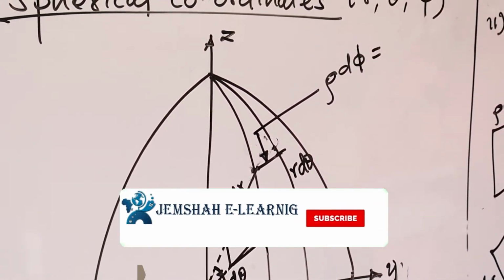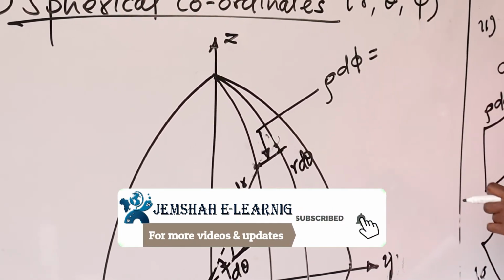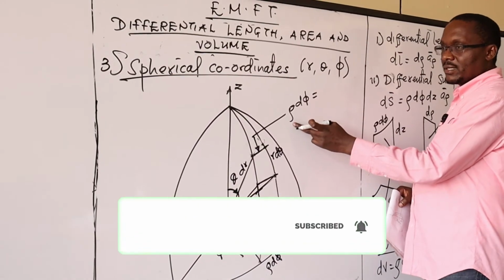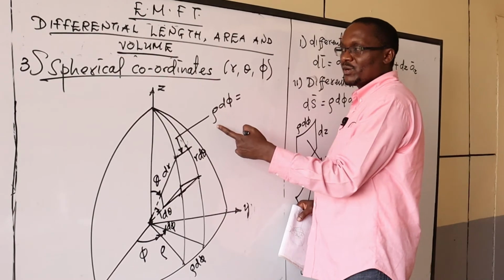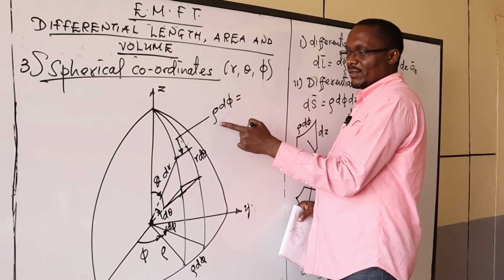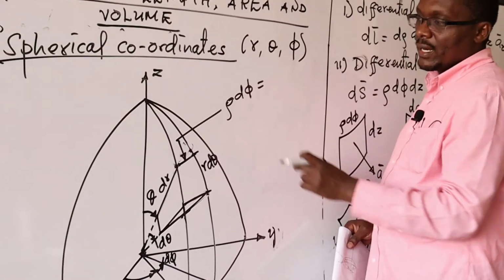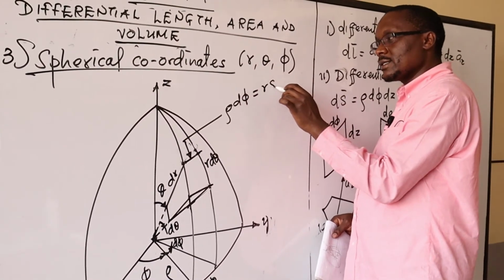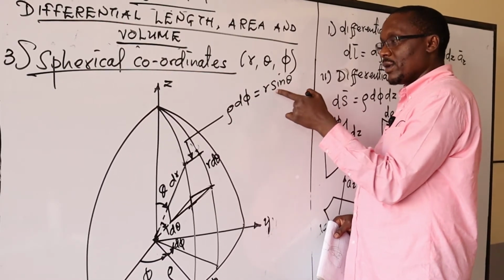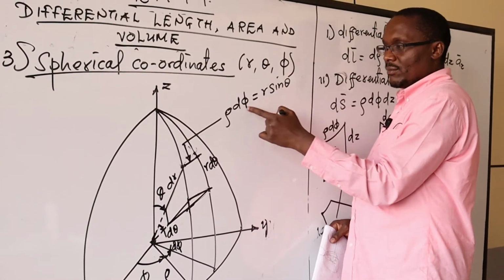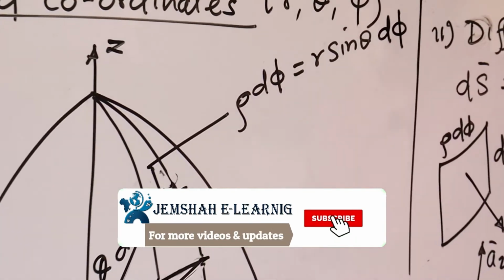We represented rho previously in the other lesson, when we were looking at how we relate cylindrical versus spherical systems. Rho is not one of the terms here. We represented rho in terms of r and the angle, so rho is the same as r sine theta, and we have to include our d phi. So now these are our lengths.